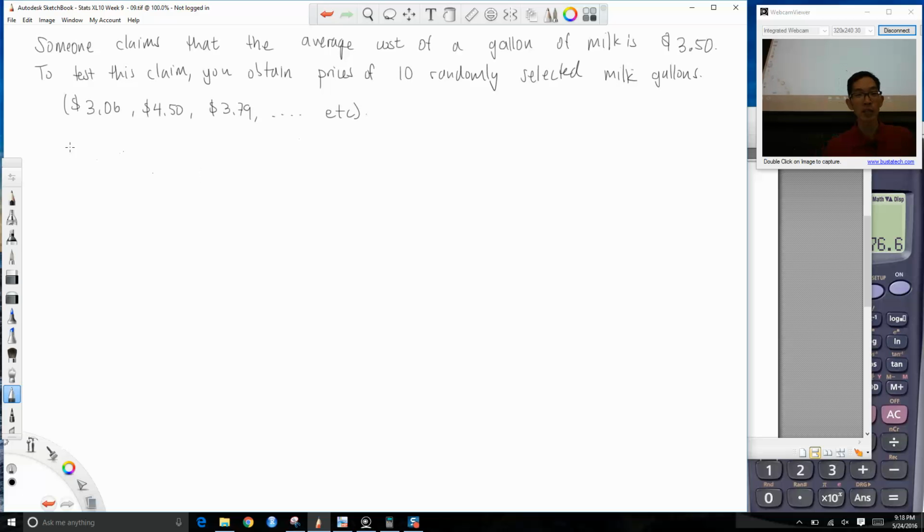The average of these 10 values, we'll say the average price was $3.65, and the standard deviation in price was 45 cents.